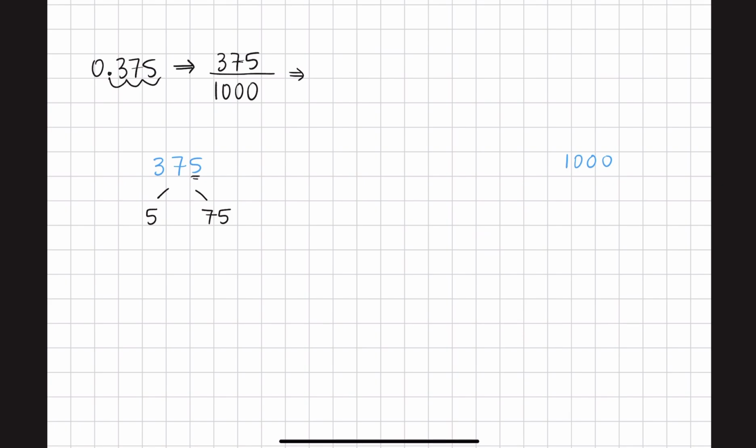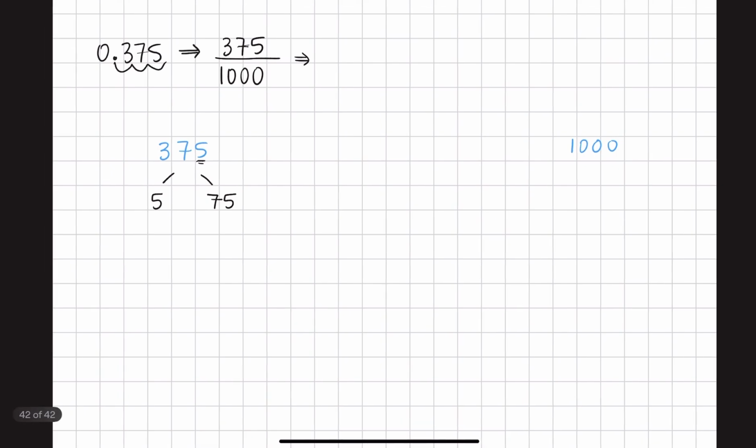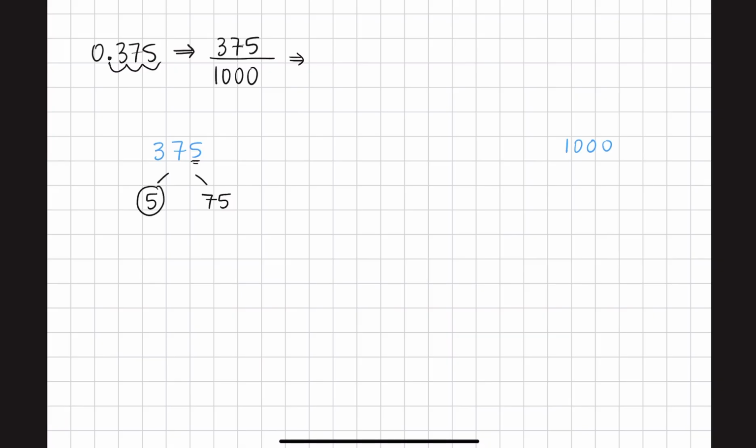Then I'm going to break this 75 further because that's not a prime number, but 5 is. 5 is already prime, so I don't need to break that down. But 75 is the product of 3 and 25. Now, a cool trick, you don't have to remember this, but if you want to know if a number is divisible by 3, you can add up its digits. 7 plus 5 here is 12, and 12 is divisible by 3, so I know that this whole number is divisible by 3.